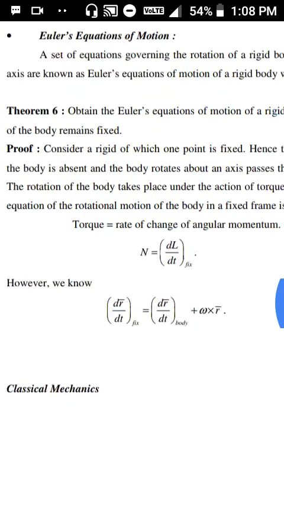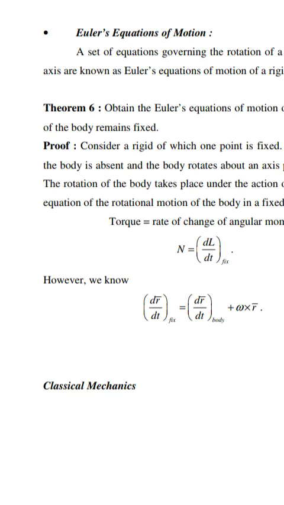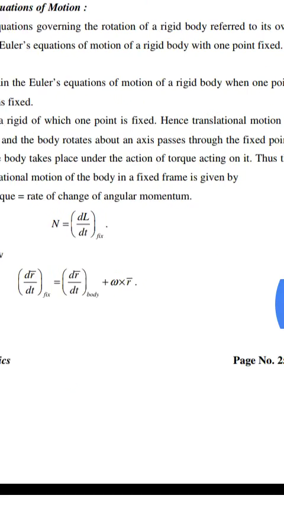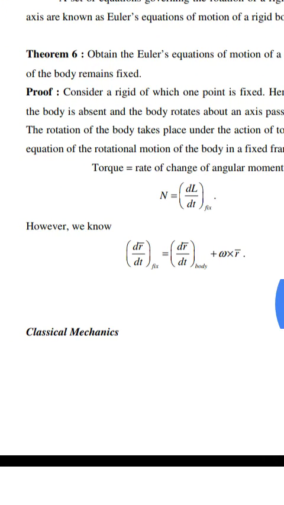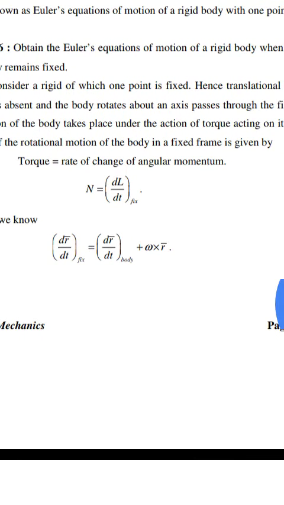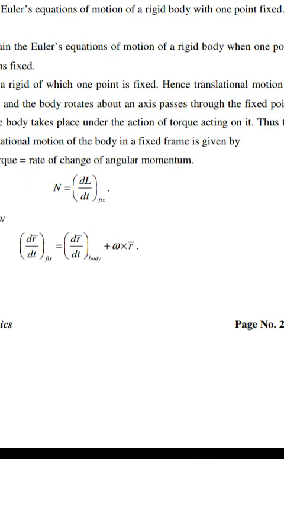Hence, translational motion of the rigid body is absent and the body rotates about an axis that passes through the fixed point. The rotation of the body takes place under the action of torque acting on it.